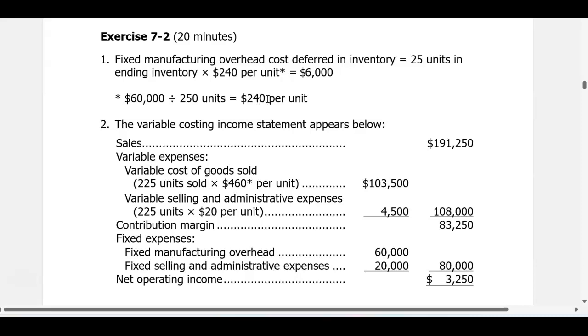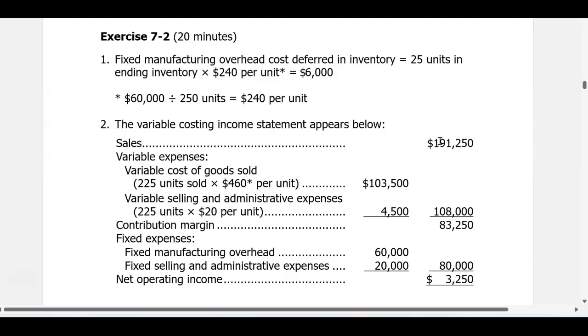So fixed manufacturing overhead of 240 times 25, which is $6,000, under absorption costing will be absorbed and saved by ending inventory at this moment in the inventory T account. So $6,000 more compared to variable cost.